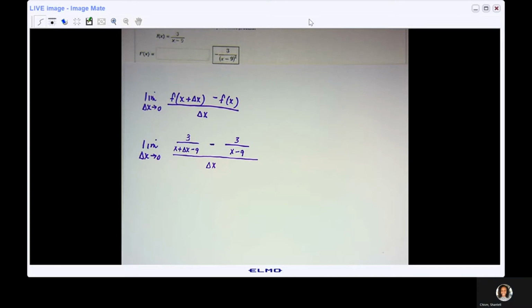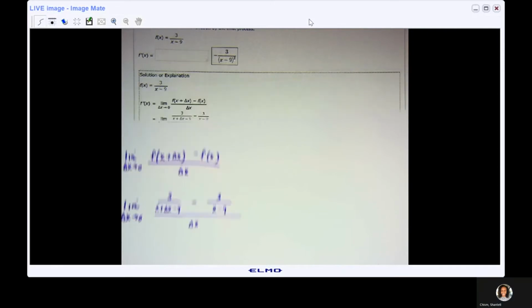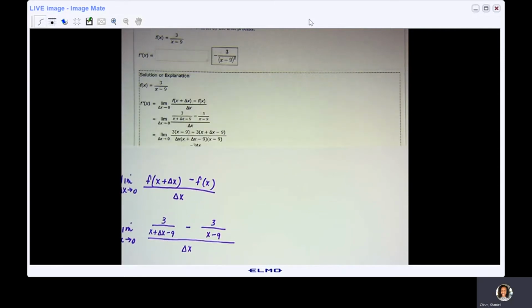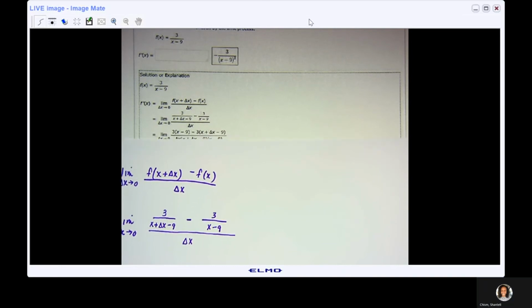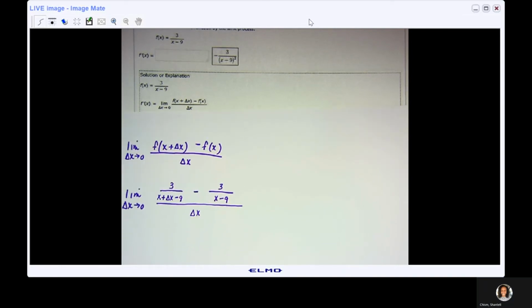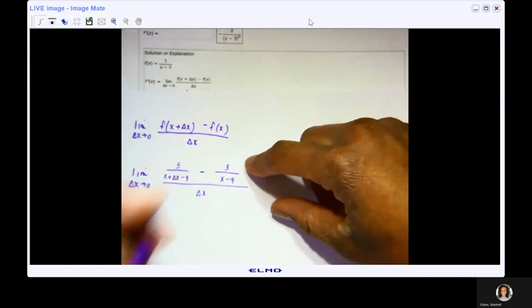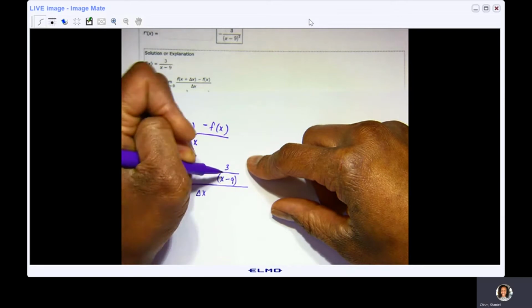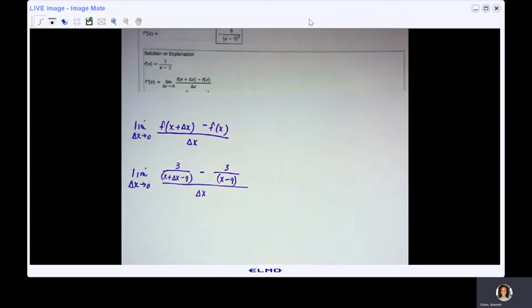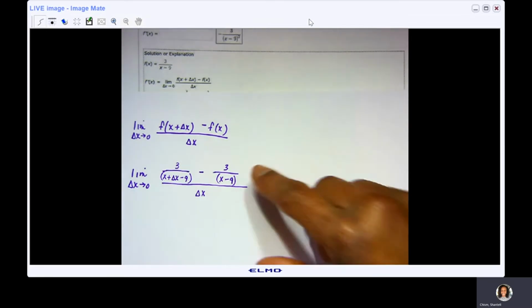What we're going to do is multiply the top and bottom by the LCD, or the LCM of our denominators.